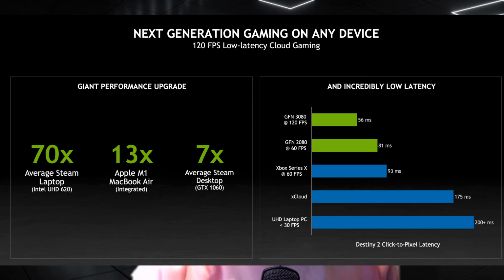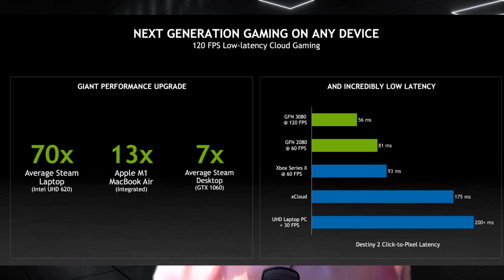Looking at the latency, the current priority and founder tier of GeForce Now runs at 1080p at 60 frames per second, and in that priority member level the latency is 81 milliseconds.